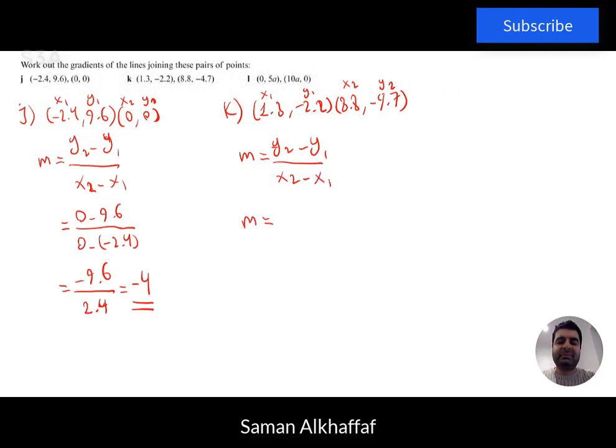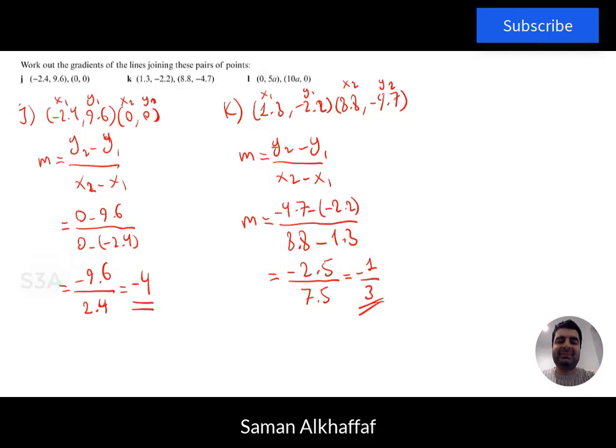In this scenario, we have m equals minus 4.7 take away, between brackets, minus 2.2 over 8.8 take away 1.3. So we can simplify the numerator and the denominator, so that would give us minus 2.5 in the numerator and 7.5 in the denominator, so that will give us minus 1/3 as the answer for this pair of points.